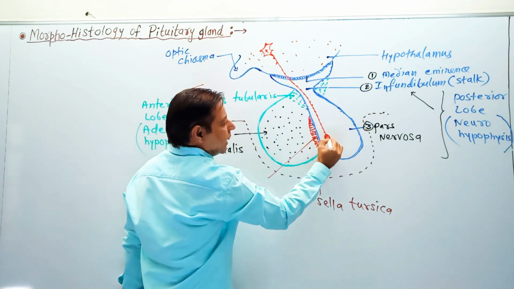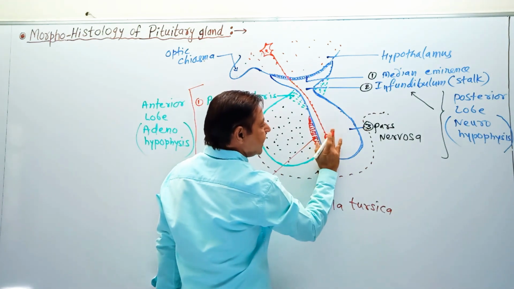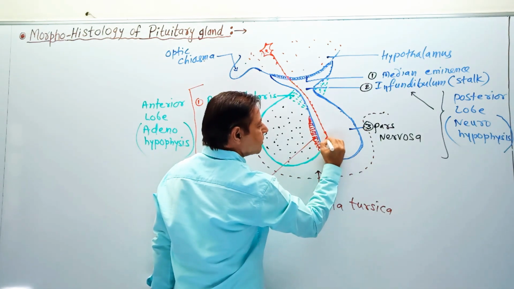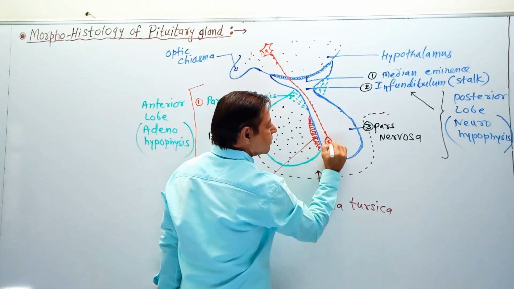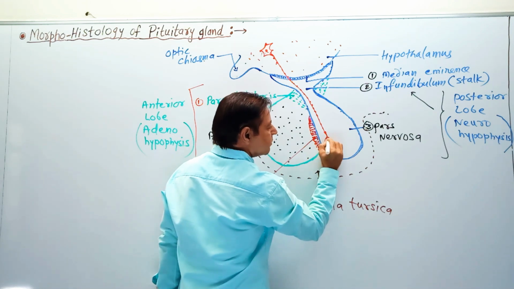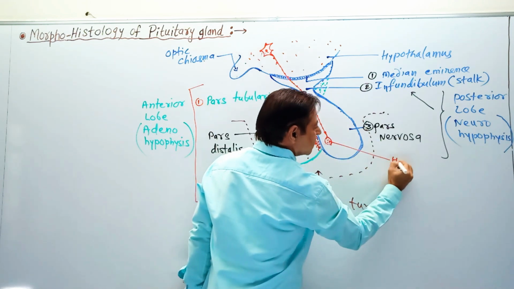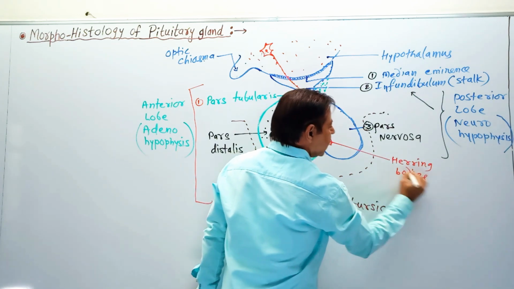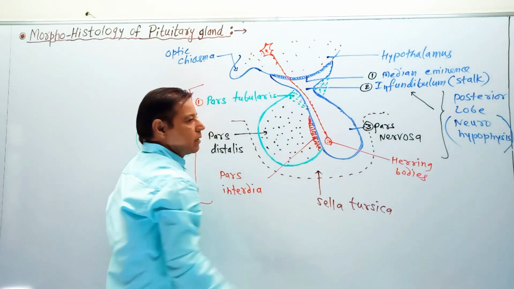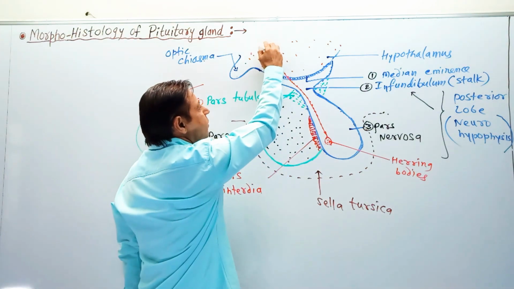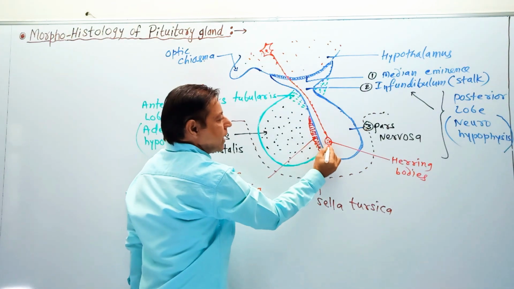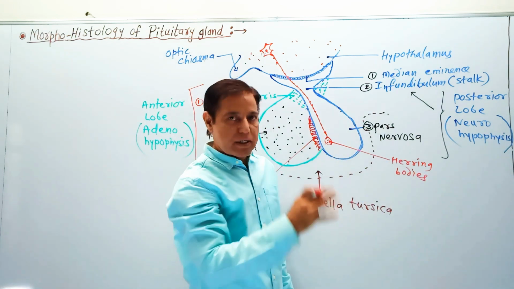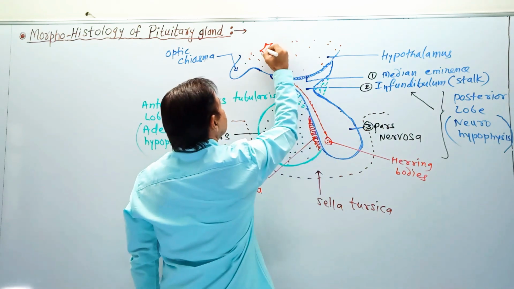These structures, the dilated ends of axons, are called Herring bodies. Herring bodies contain hormones brought from the neurosecretory cells at the end of the axon so as to release them into the bloodstream.